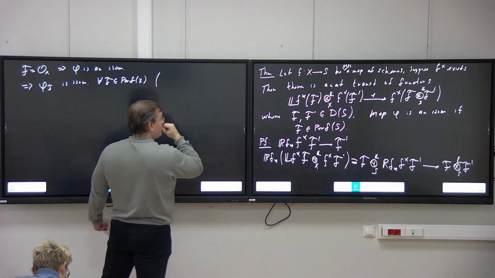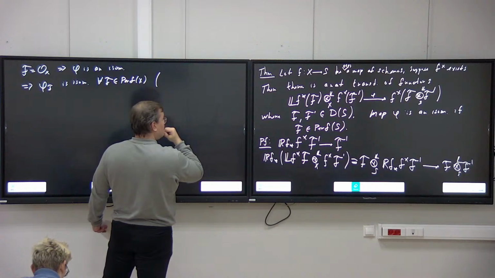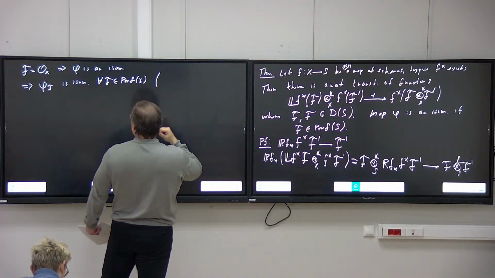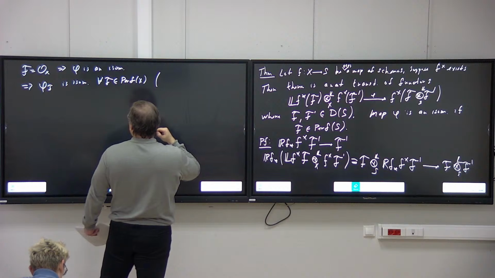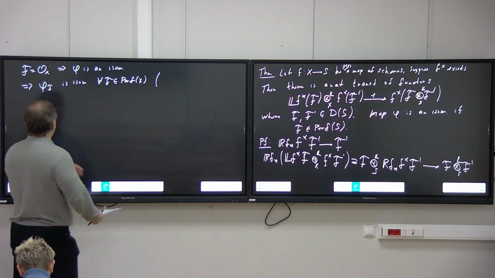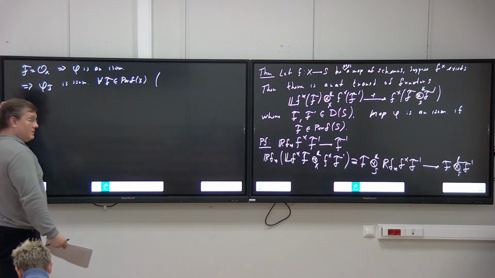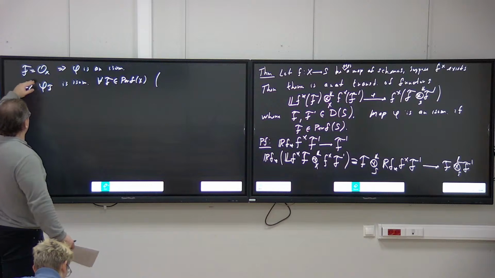We need S instead of X. So f is the structure sheaf of S, because it needs to lie in D of S. No, instead of the structure sheaf, now I take some any object f.